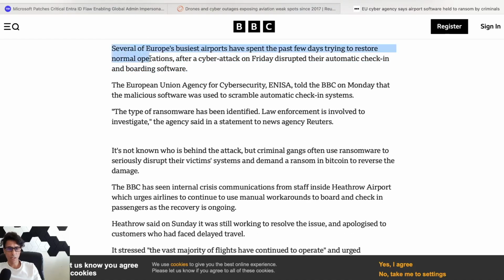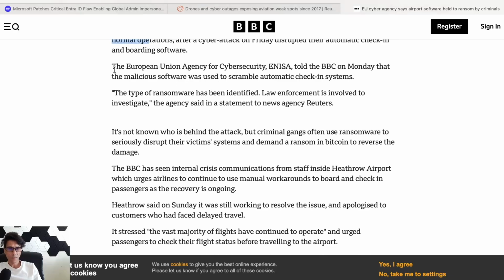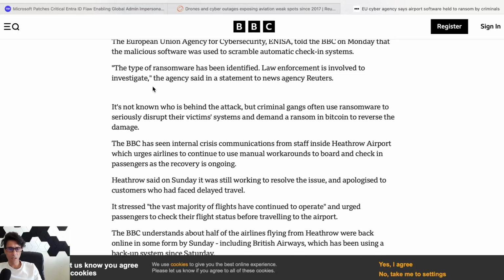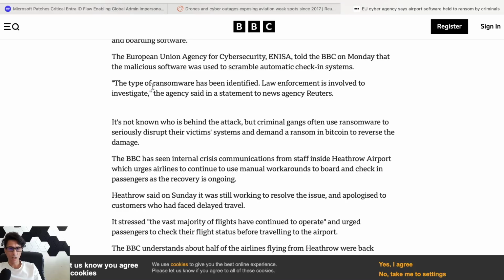Trying to do that. See, the cybersecurity agency here is trying to scramble to do some automatic checks on systems. Now that everything's under fire, that everything's basically caught fire, there's chaos all around. Oh, let's see if we can check these things.